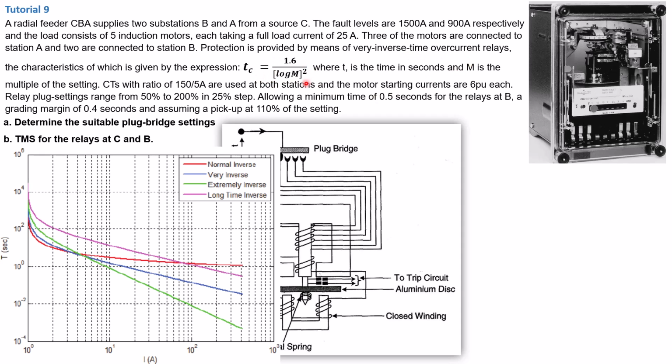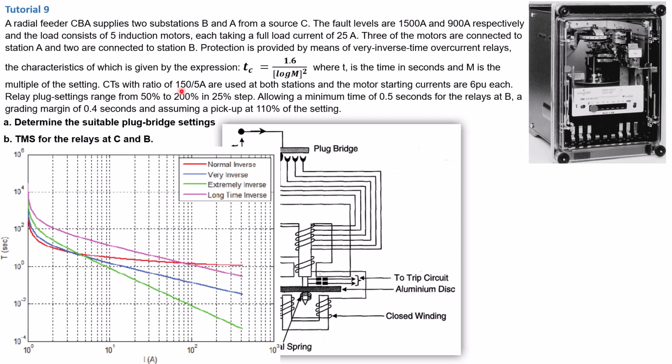Now the formula to calculate the operating time, t, is given by 1.6 divided by the log of M squared. I've got a tutorial where I actually explain all these characteristics of an IDMT relay, where t is the time in seconds and M is the multiple of settings.